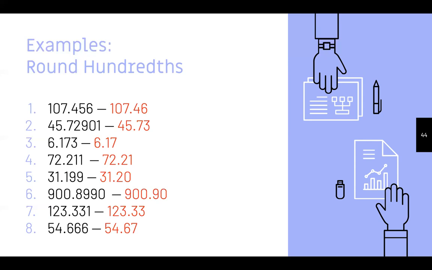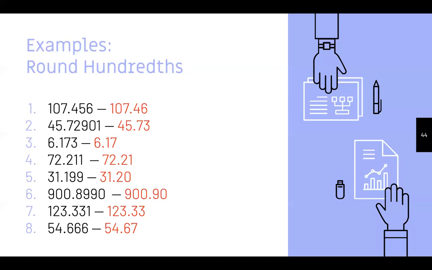We have 31.199. We want to round it to the 100th spot, but it goes over, and so we have to then carry it to the 10th spot and make that 2 and make the 100th spot 0. Same concept happens for 6, right? When rounded, it goes over to 10, so that means the 10th spot has that 9.